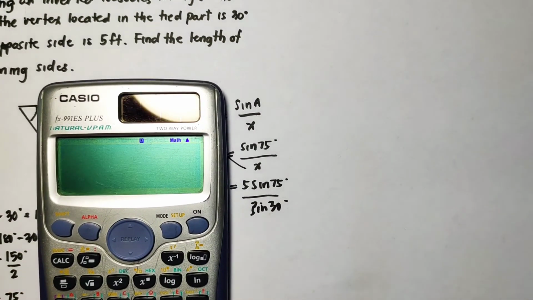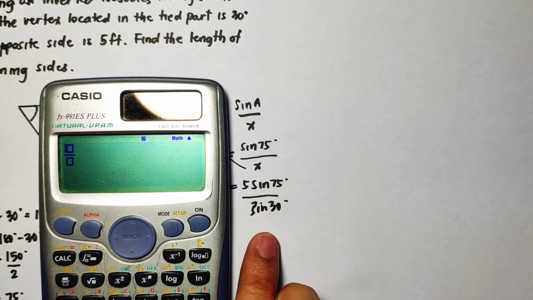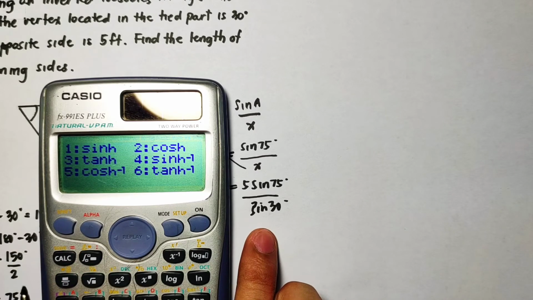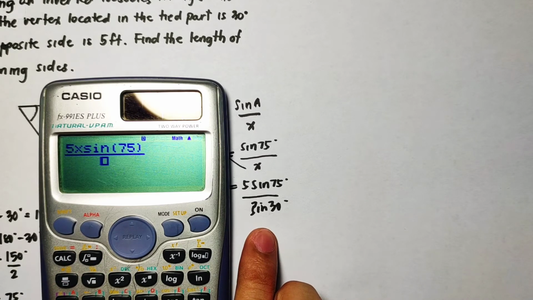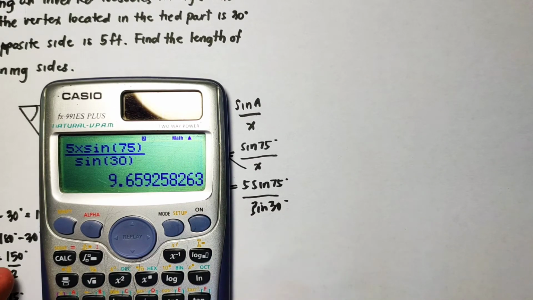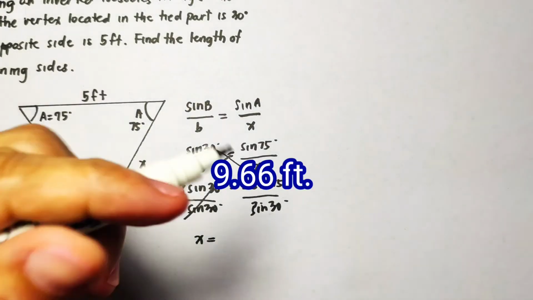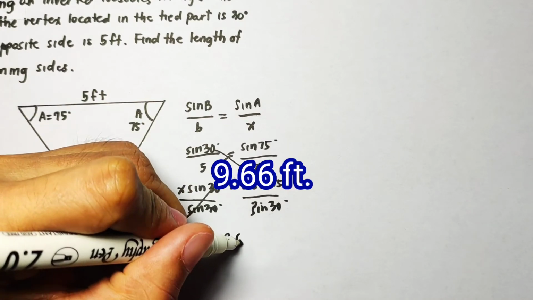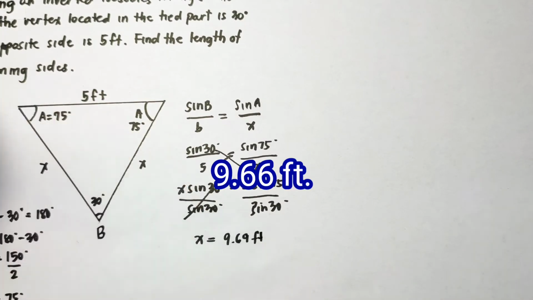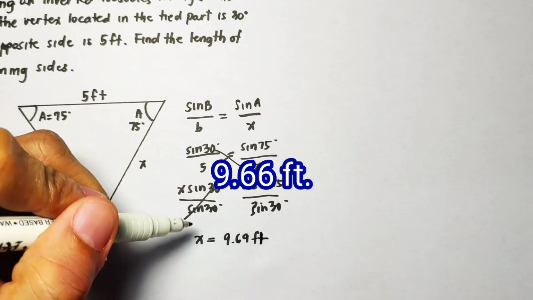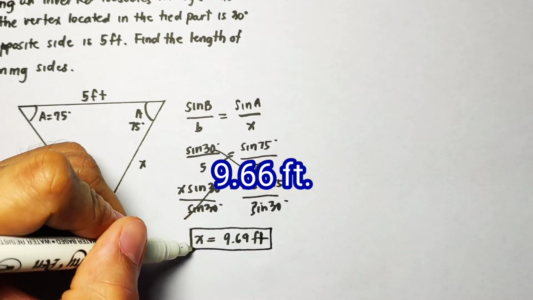So we have 5 times sine of 75 divided by sine of 30. So we will get 9.69 feet. So again, this is 9.69 feet. Okay, so this is now our final answer.